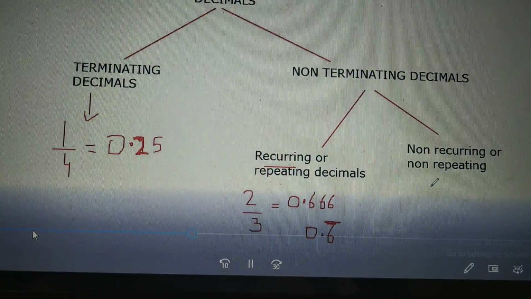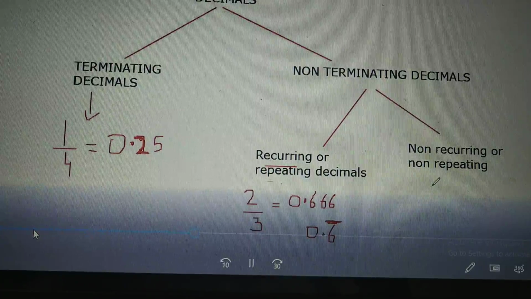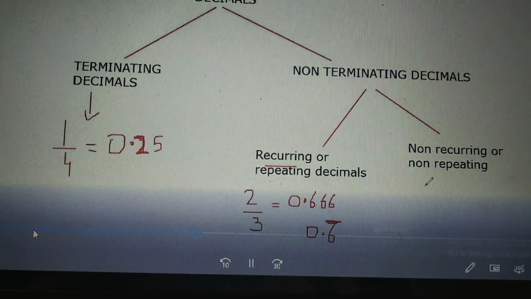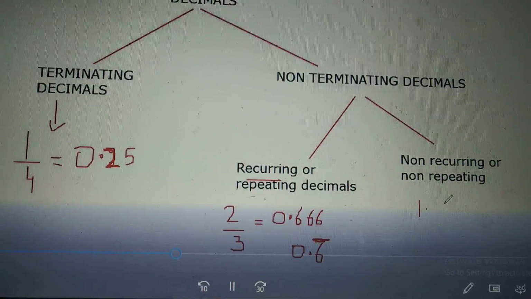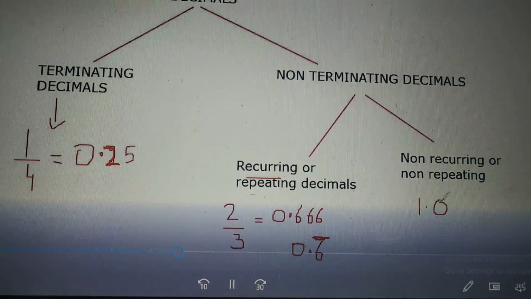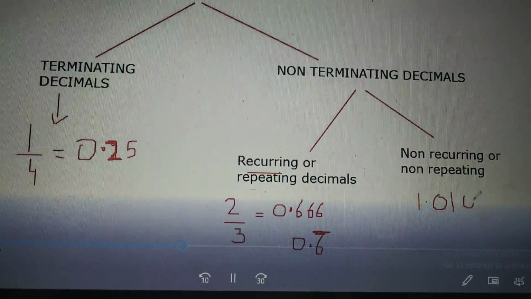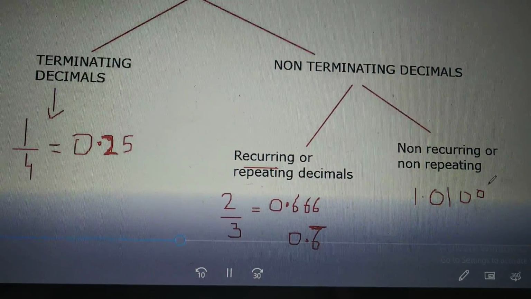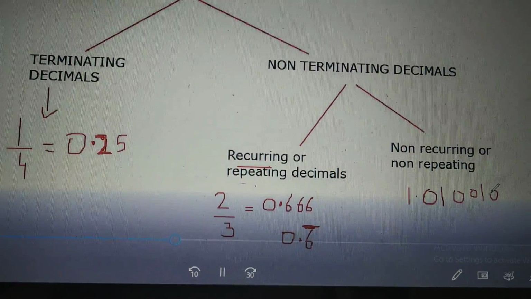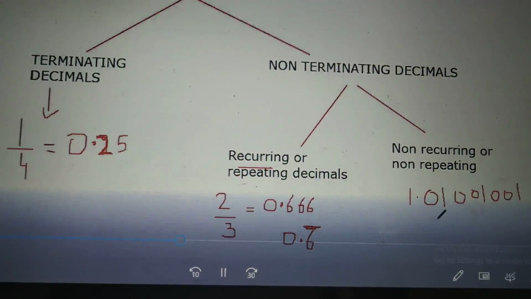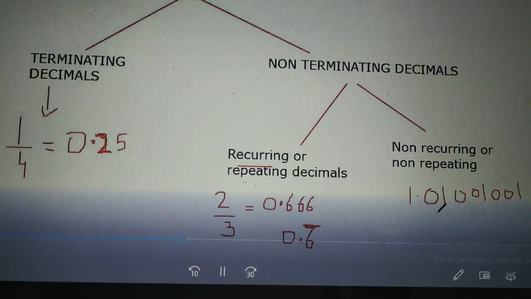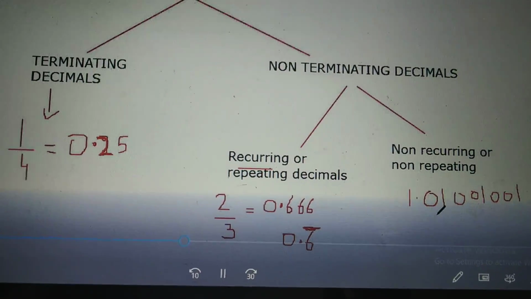Now let us see what are non-recurring or non-repeating decimals. For example, I have a number and after dividing it, I am getting 1.01001 0001. So look, the pattern is not repeating itself. So these types of numbers are called non-recurring or non-repeating numbers.